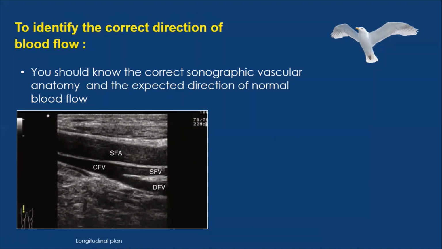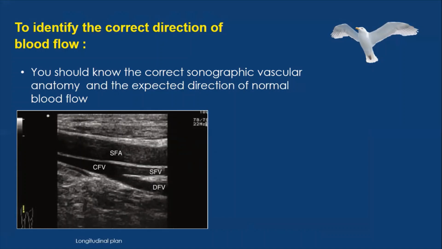This is the superficial femoral artery. We have the common femoral vein. We have the femoral vein. It's not known as the superficial femoral vein; it was changed in 2002 to be named femoral vein instead. We have the deep femoral vein as well.